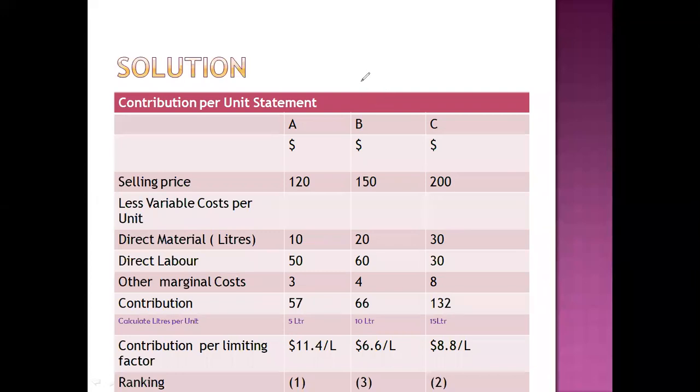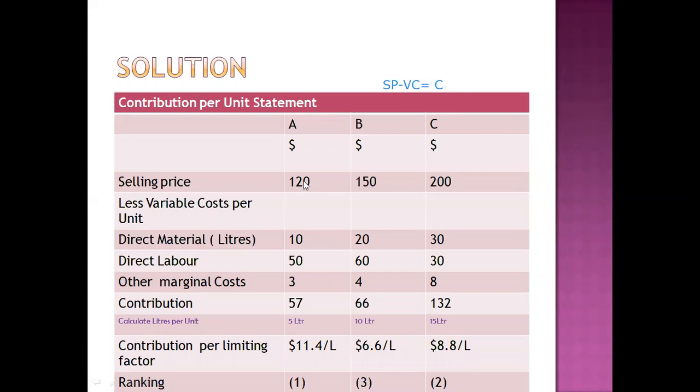Contribution, we said selling price SP minus our variable cost is equal to our contribution. So when we are producing the contribution statement, this is the format that we are following. We are just saying our selling price minus our variable cost.